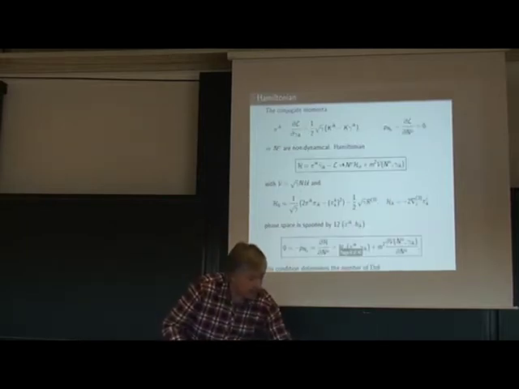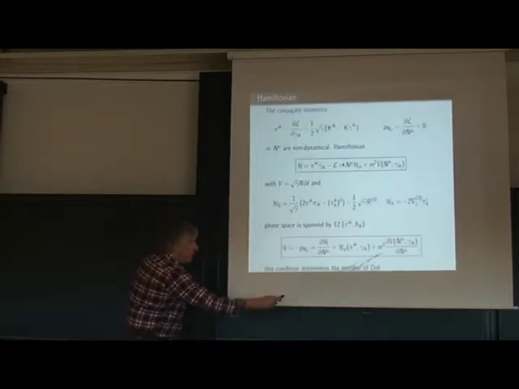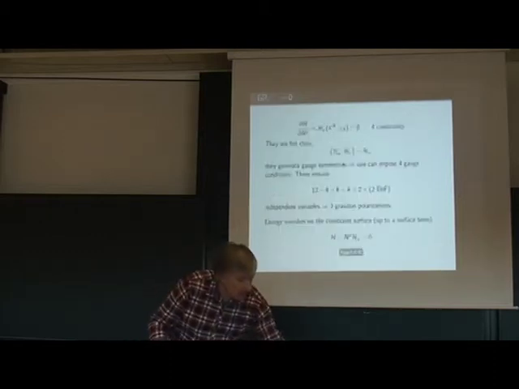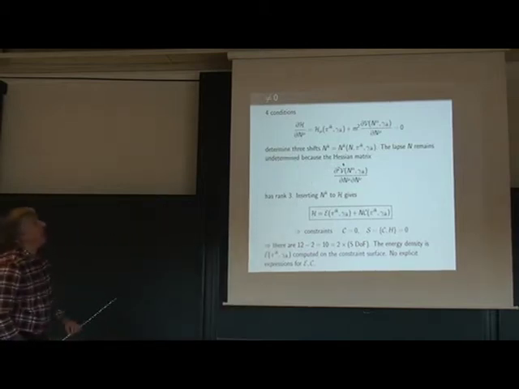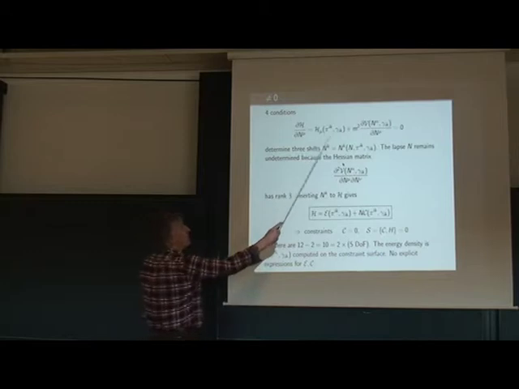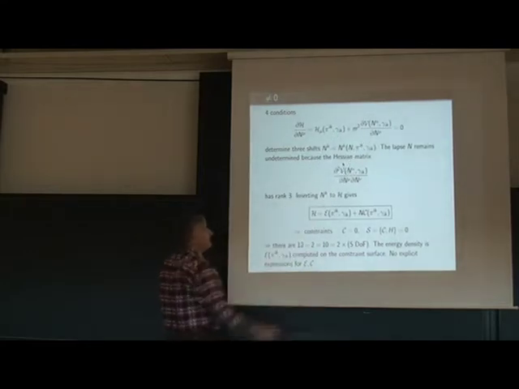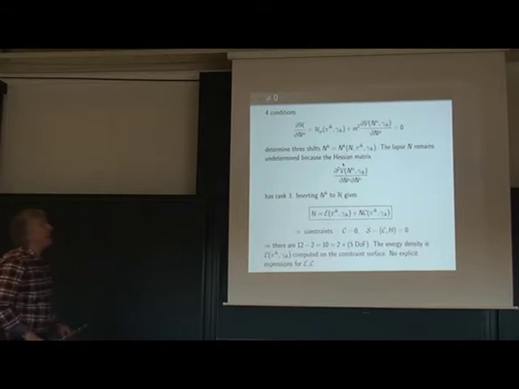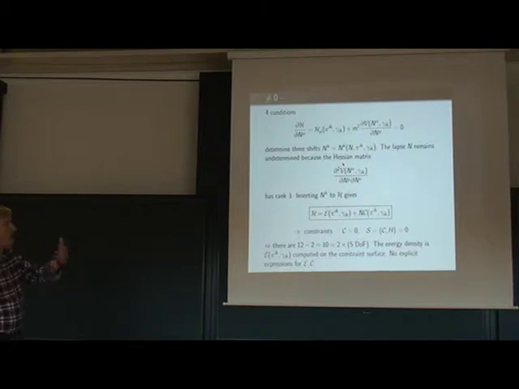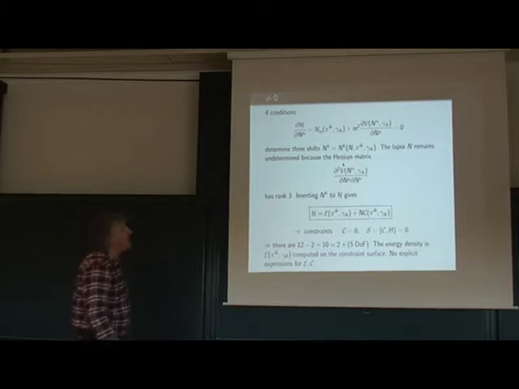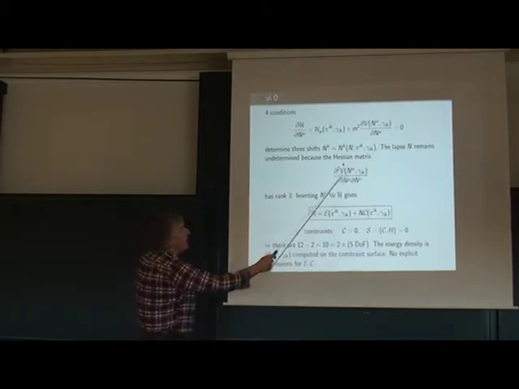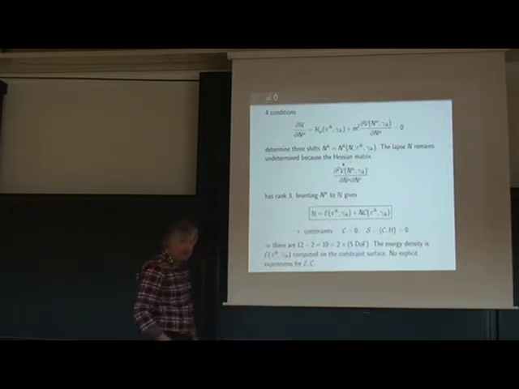So next, let's return to this, and let's consider the case where m is not 0. In this case, one gets 4 conditions, and they contain p, q, and also the lapse and shift functions n. These 4 conditions can be viewed as equations for lapse and shifts. However, they do not determine lapse and shifts, they determine only shifts, only 3 shifts, because the Hessian matrix for this potential has rank 3.